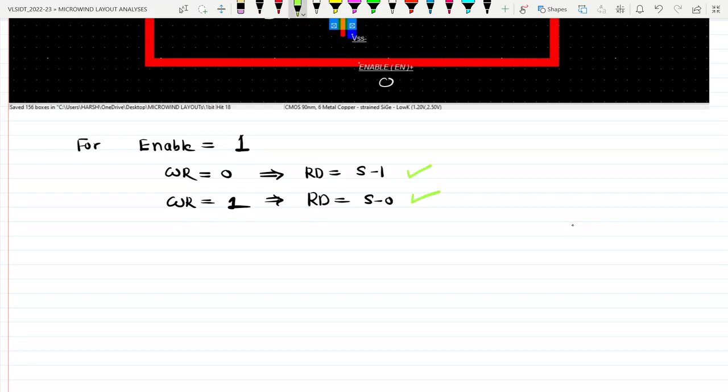Both of them are acceptable. For enable equal to 0, write equal to 0 or 1, read does not change.